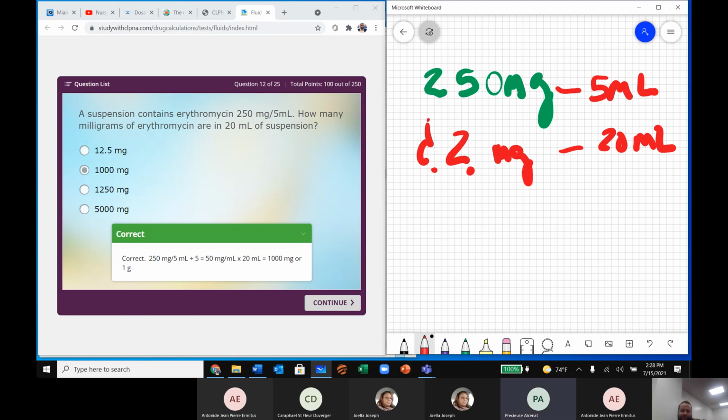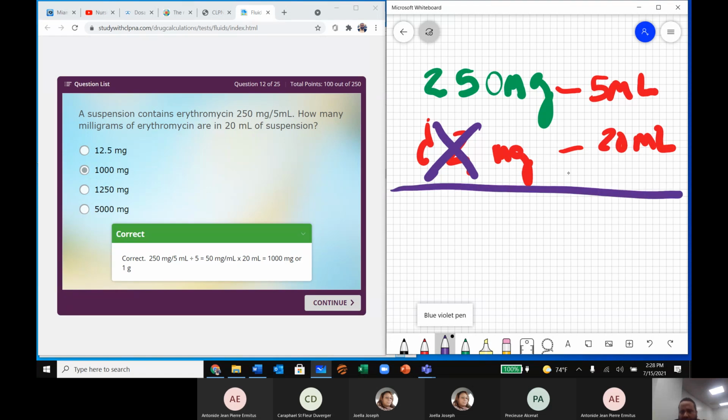This is what you need to get, so you just put an X here. And then cross multiply: X times 5, and this one times this one.